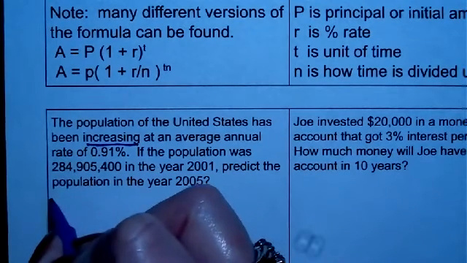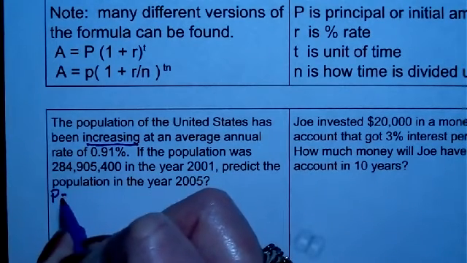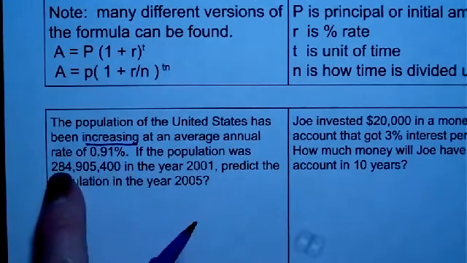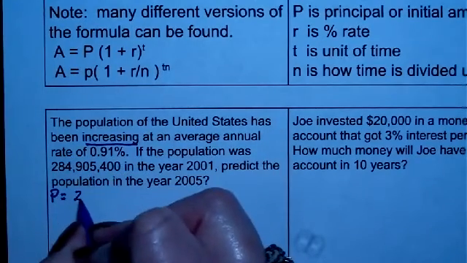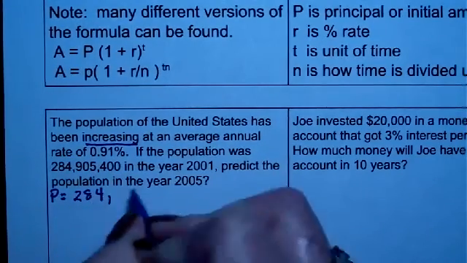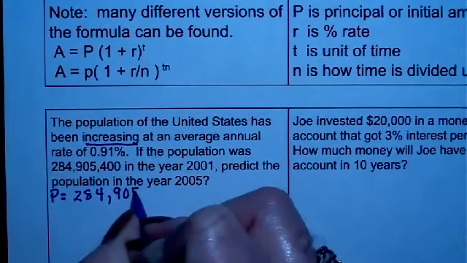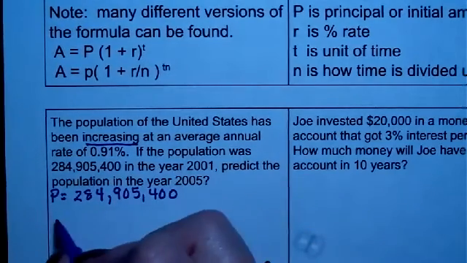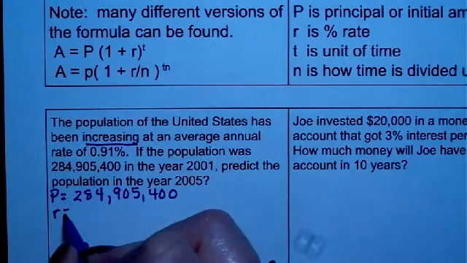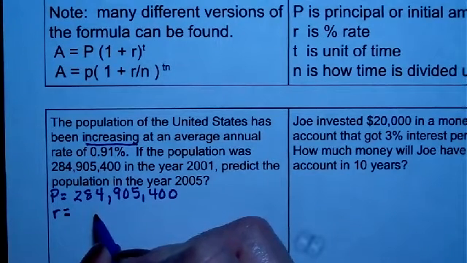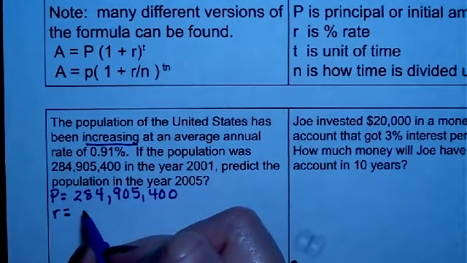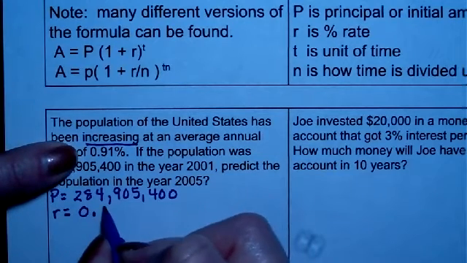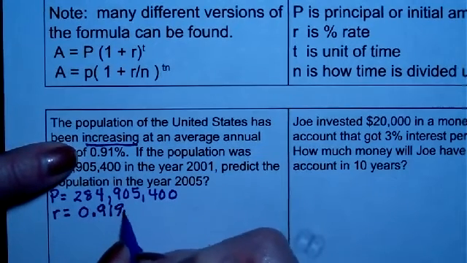The P, that is our starting amount. So that is my 284,905,400. My R is my percentage rate of increase, the percent of increase, and we're told right here that it's 0.91%.